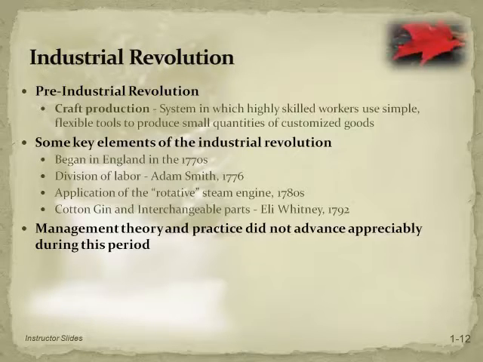So when the Industrial Revolution began in England, some other elements are shown on this slide right here. So Eli Whitney, in his invention of the cotton gin, essentially transformed the cotton industry, where the removal of the cotton seeds had to be done manually, into a machine activity in which the productivity went up dramatically.